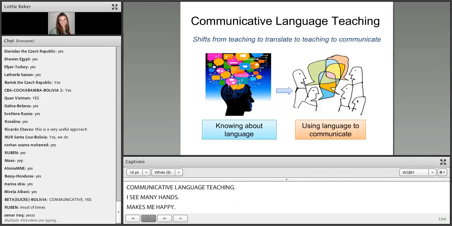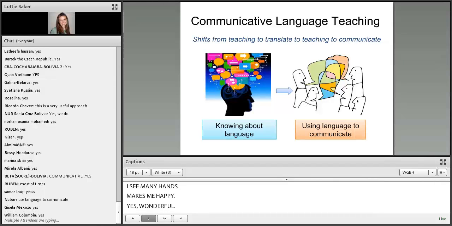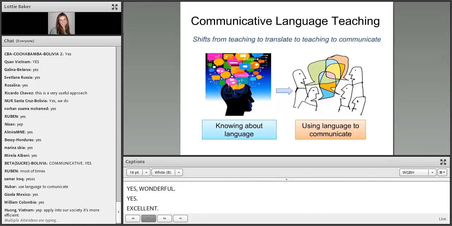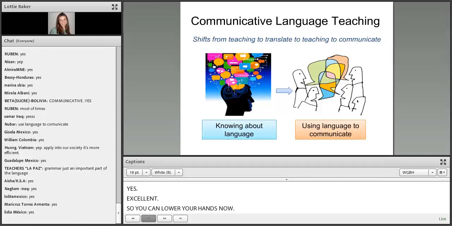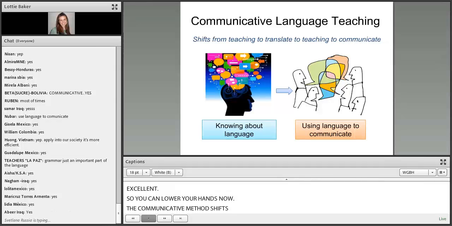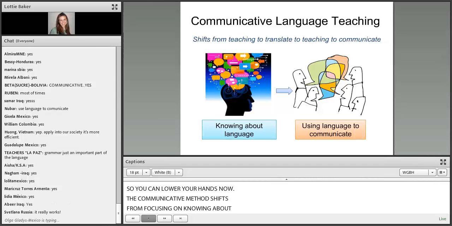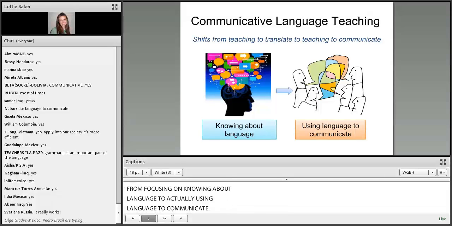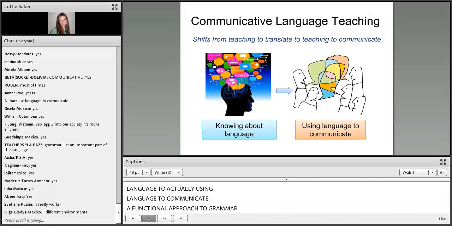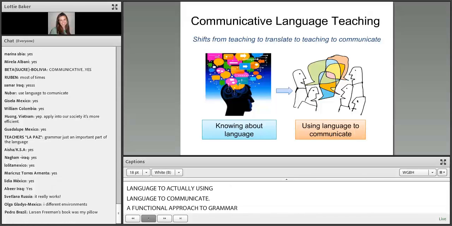So you can lower your hands now. The communicative method shifts from focusing on knowing about language to actually using language to communicate. The functional approach to grammar is a way to teach grammar and teach about language while still communicating and using language to communicate.